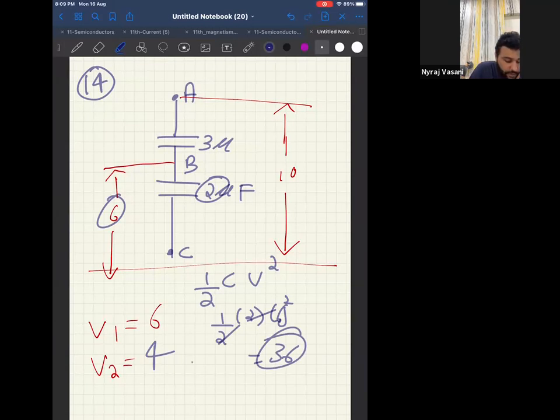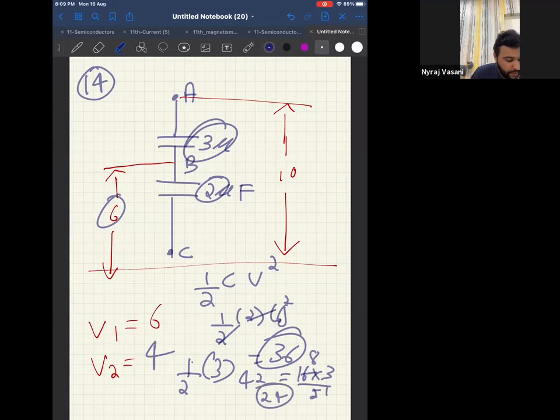And the next one will be half into 3 into the potential difference 4 square. So 4 square is 16, into 3 divided by 2. 2 ones are 2, 2 eights are 8, 3 eights are 24. Therefore, the answers are 36 and 24. Are you getting it, all of you?